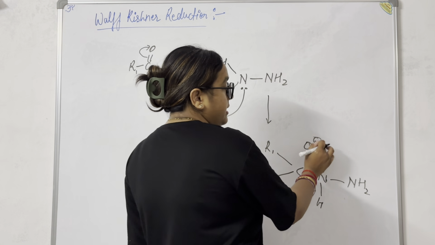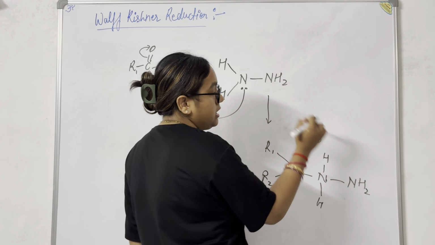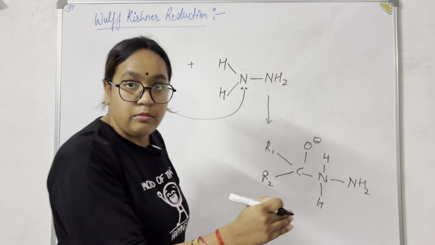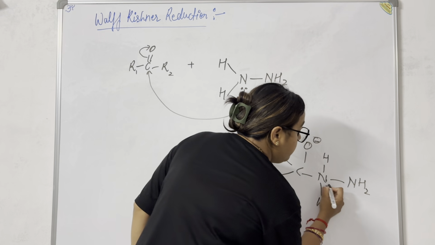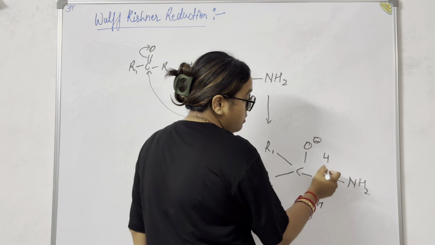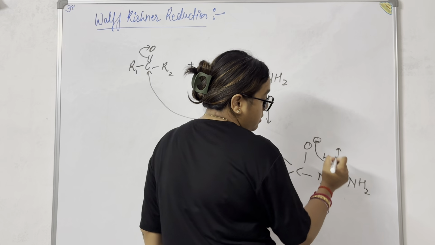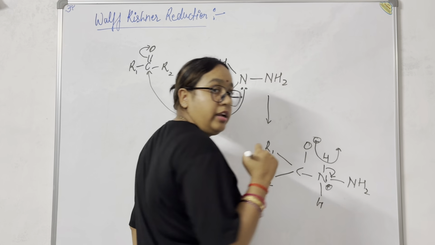What happened? This negative oxygen charge forces the hydrogen atom to lose its electron toward the nitrogen, because it attained a positive charge here. So this grabs this hydrogen and gives its electron back to the nitrogen.